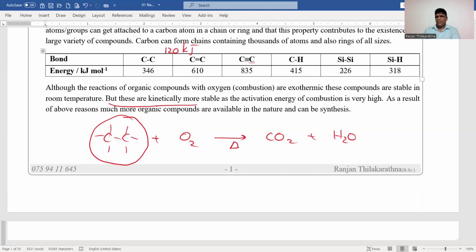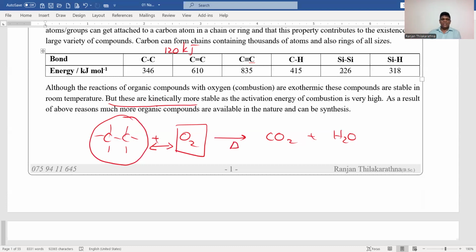You know that we have paper. Paper consists of carbon, hydrogen, and other elements. Those are organic compounds. And we have plenty of oxygen in our atmosphere. But paper may not catch fire automatically. We have to heat it up to a certain temperature to catch fire.